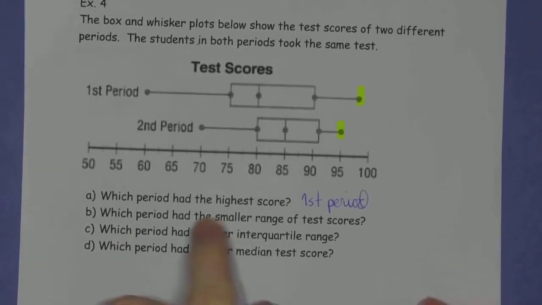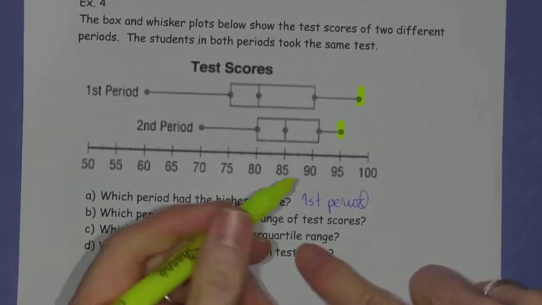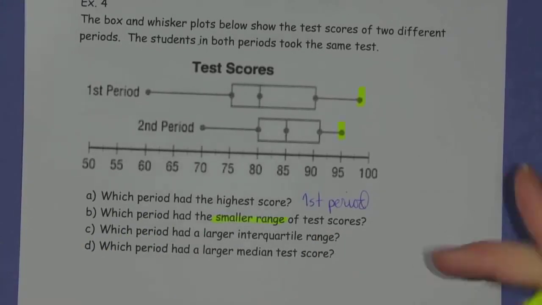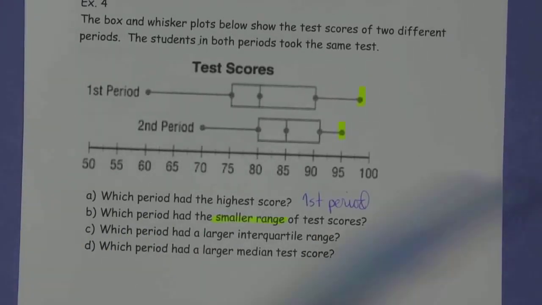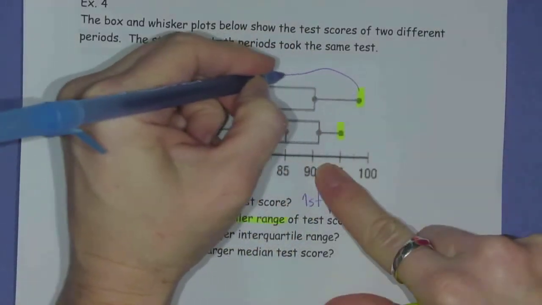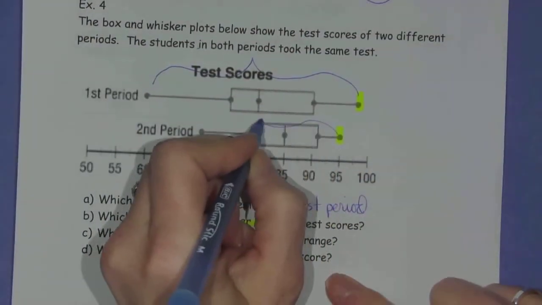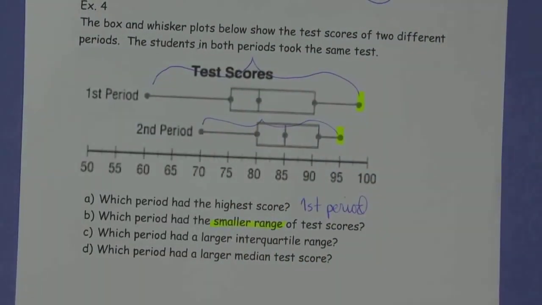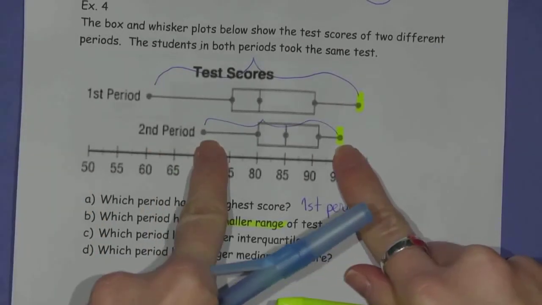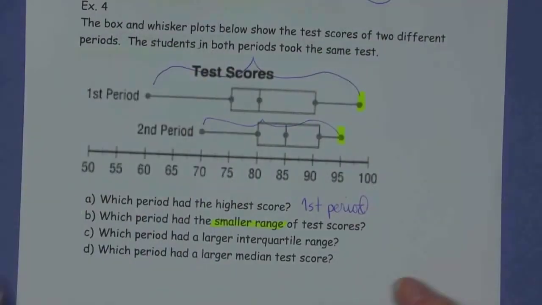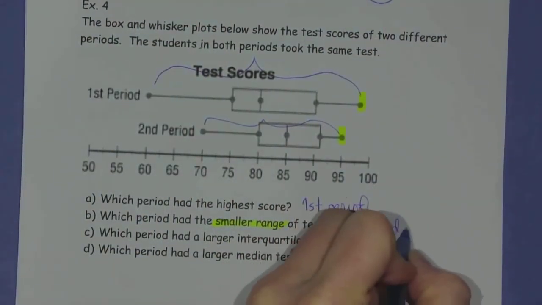Which period had the smaller range? Well, here's your range for period 1, and here's your range for period 2. So which distance is smaller? Second period. It's more squished in. So this is second period.